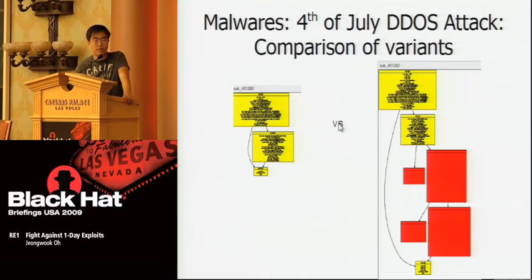And one of my friends sent the samples to me, and I analyzed 2 of them. And here's the result. The difference happened only in this part, from left to right. So they added new routines here. The yellow blocks are almost the same, so you can just ignore those.